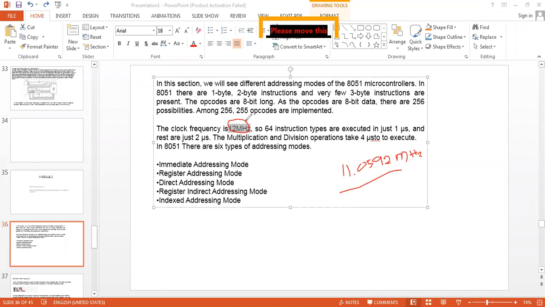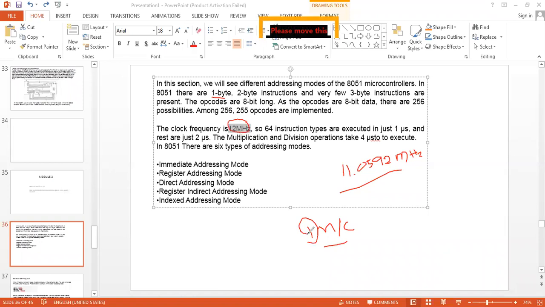So this 12 megahertz is divided. We call it a machine cycle. That will come in the next picture. Machine cycle. One machine cycle. That means a single byte instruction is executed within one machine cycle.